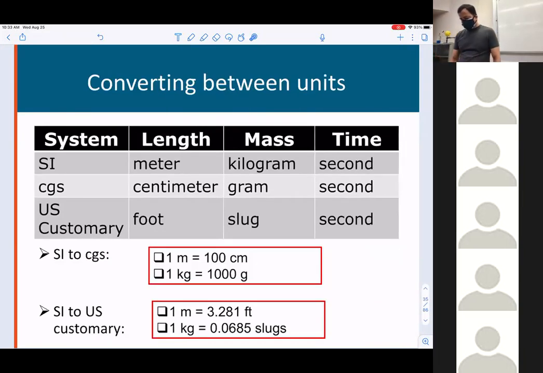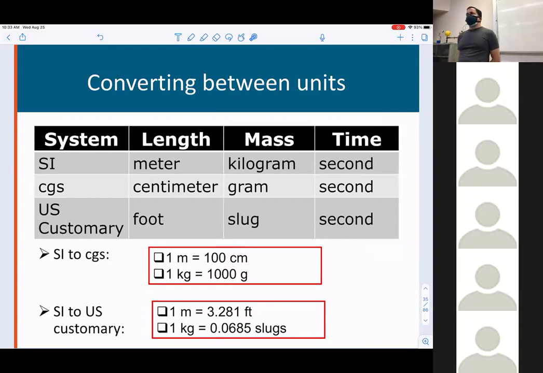Oh, I actually give the conversions here. So there are 100 centimeters in 1 meter. There are 1,000 grams in 1 kilogram. There are 3.281 feet in 1 meter. And then there are 0.0685 slugs in a kilogram. Okay. Any questions on that?